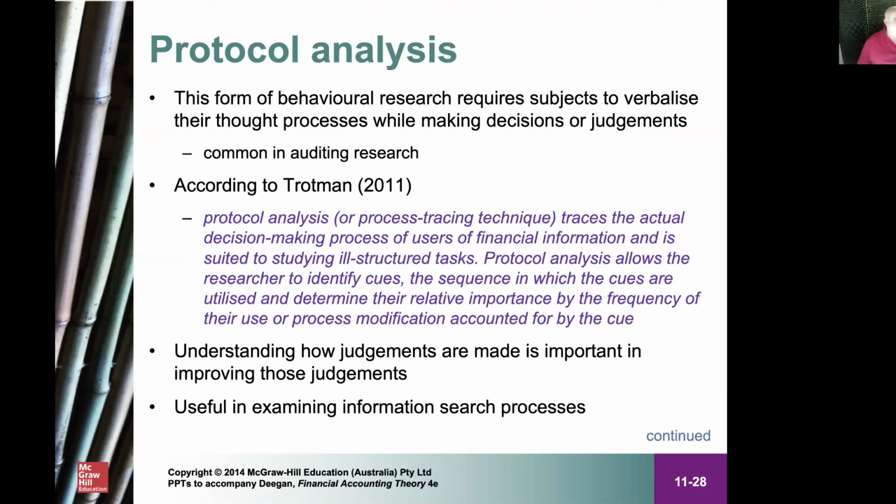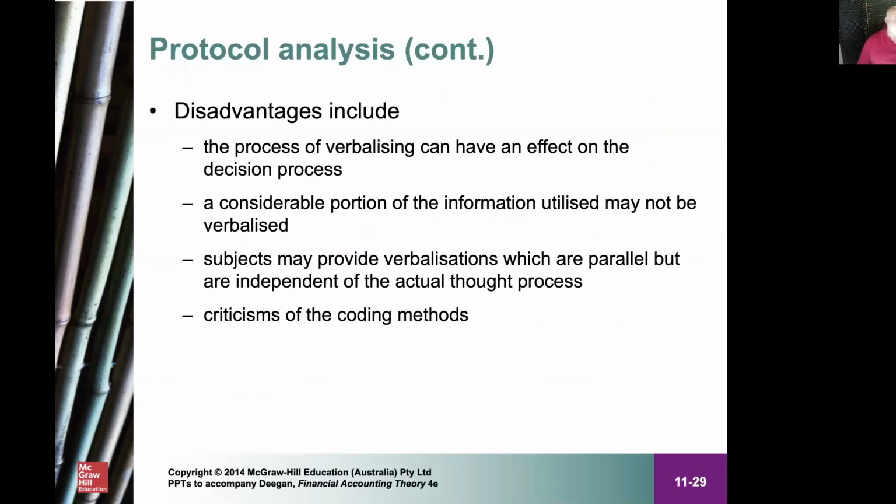Understanding how judgments are made is important to improving these judgments. So understanding the judgment process, and also you might be able to use that to see how people search for information. The process of having to verbalize can maybe impact on your decision process.